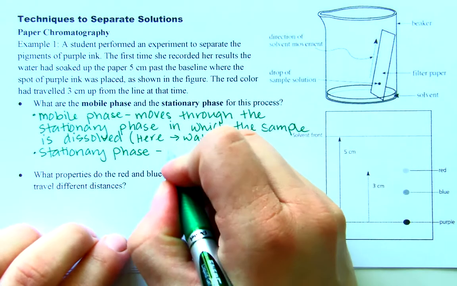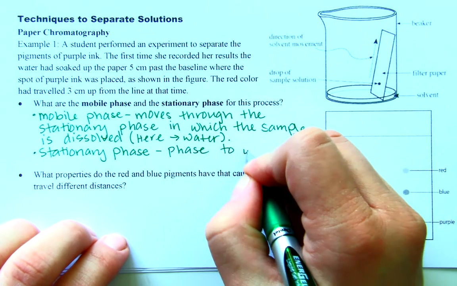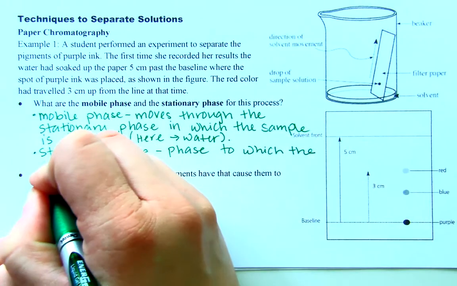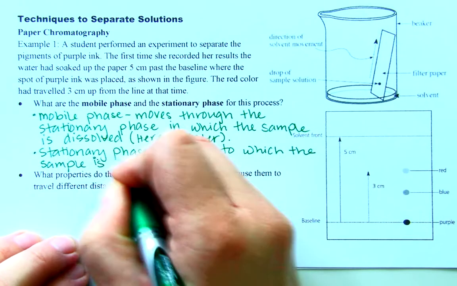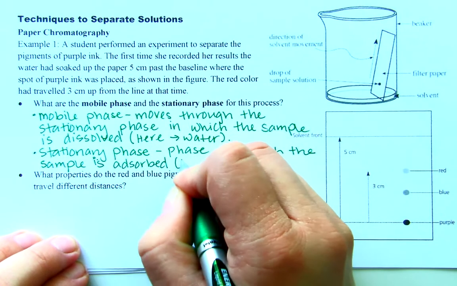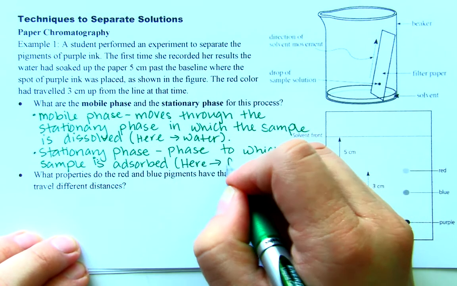This is the phase to which the sample is adsorbed. Here, in this example, that is the filter paper.